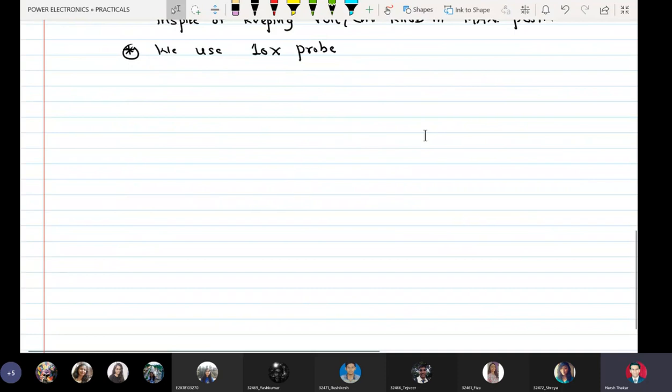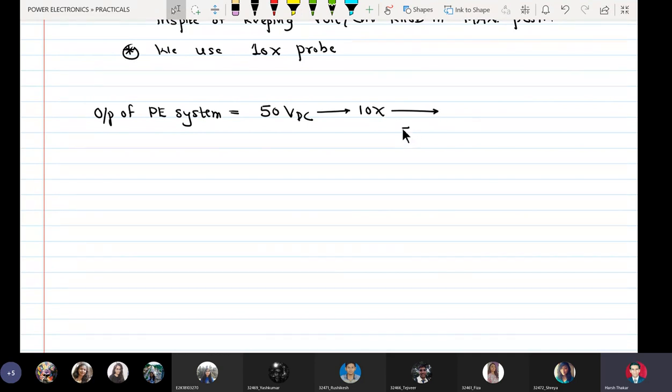Okay, so now here the output of the PE system is 50 volt DC. I am applying it to a 10x probe. The output of the 10x probe will now be 5 volt DC, and here my CRO has a probe setting of 1:1. So it will display 5 volt here, which is actually wrong.